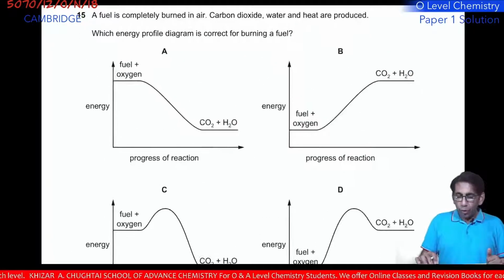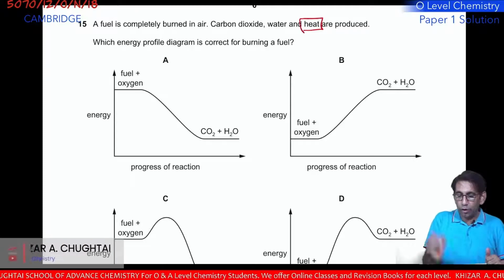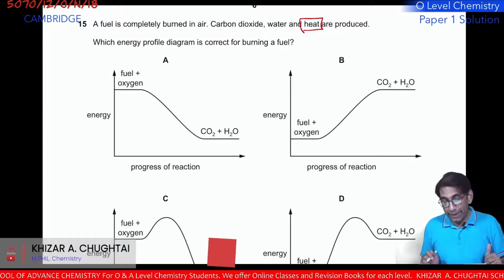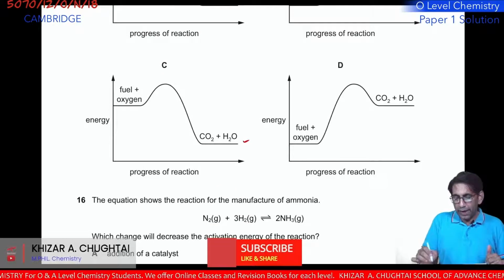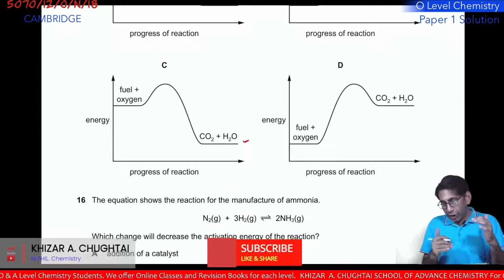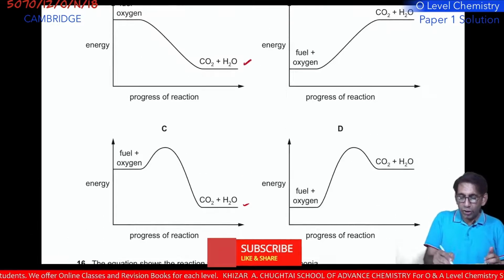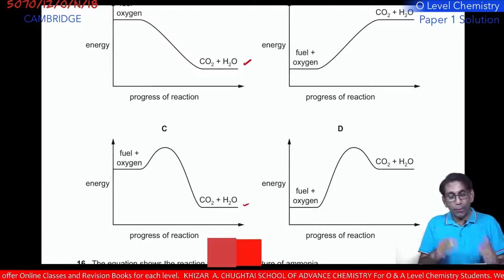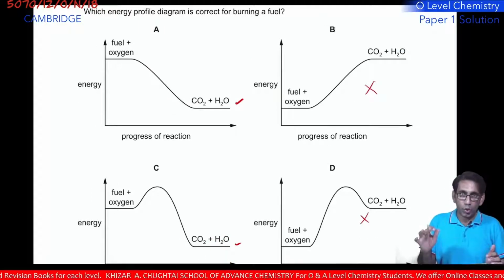Once again, the burning of the fuel produces heat, so it is an exothermic reaction. Number 1, the product must have lower energy as compared to the reactant one. So once again, this is incorrect, and so on.